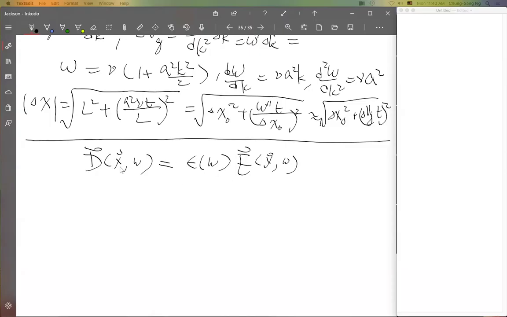In that case, the dependency of D and E in physical space, x and t, is an integration over both time and x. It means that it's non-local in both time and space, and that can get to a really complicated situation.